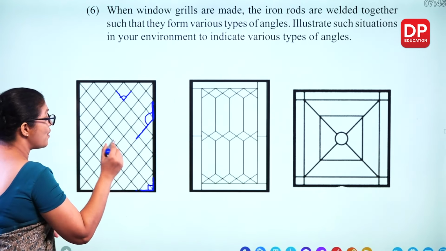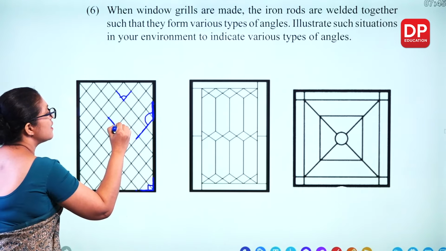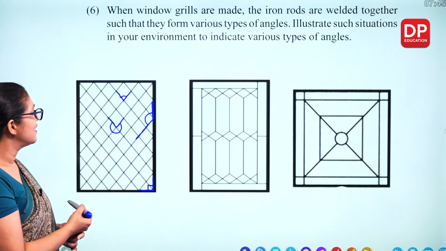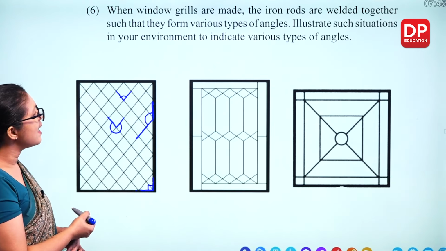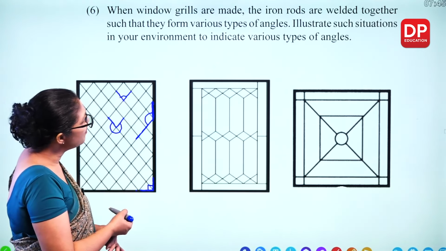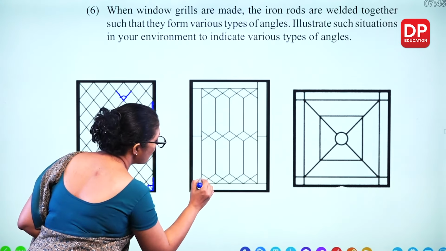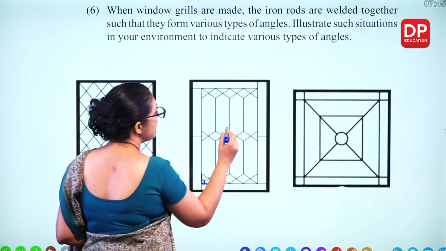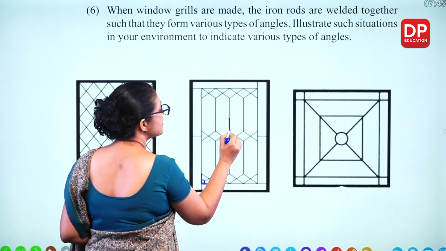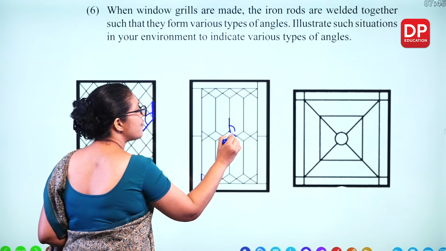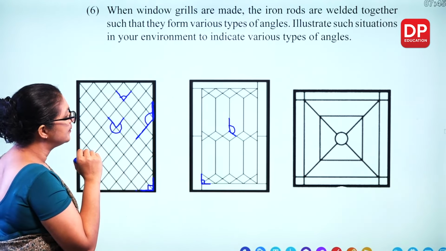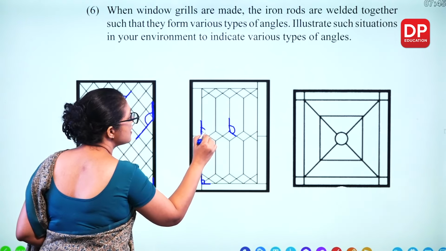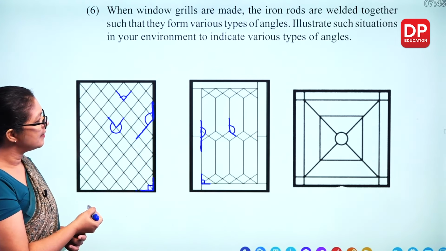If I take it the other way around, now think about this grill here, this way. What's the angle? Reflex angle. So you get more than 2 right angles. Look at this diagram. You get in the corner a right angle, and here when you take these two grills, you get more than one right angle, obtuse angle. And if I take this one, you get a straight angle here.